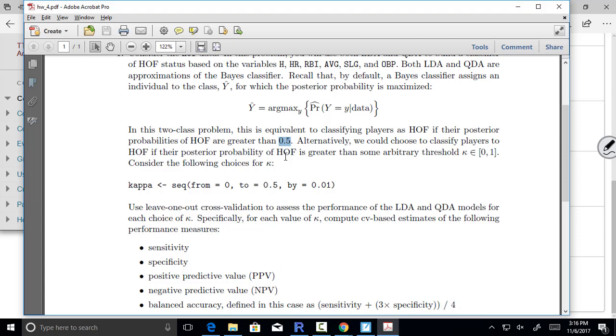I'm going to predict a player is in the Hall of Fame if their posterior probability is bigger than something, call it kappa. We could define our classifier as I'll predict you're in the Hall of Fame if my model-based posterior probability you're in the Hall of Fame is bigger than 0.1. Or we could make it even bigger than 0.5. We could say I'm only going to predict you're in the Hall of Fame if this probability is bigger than 0.9.